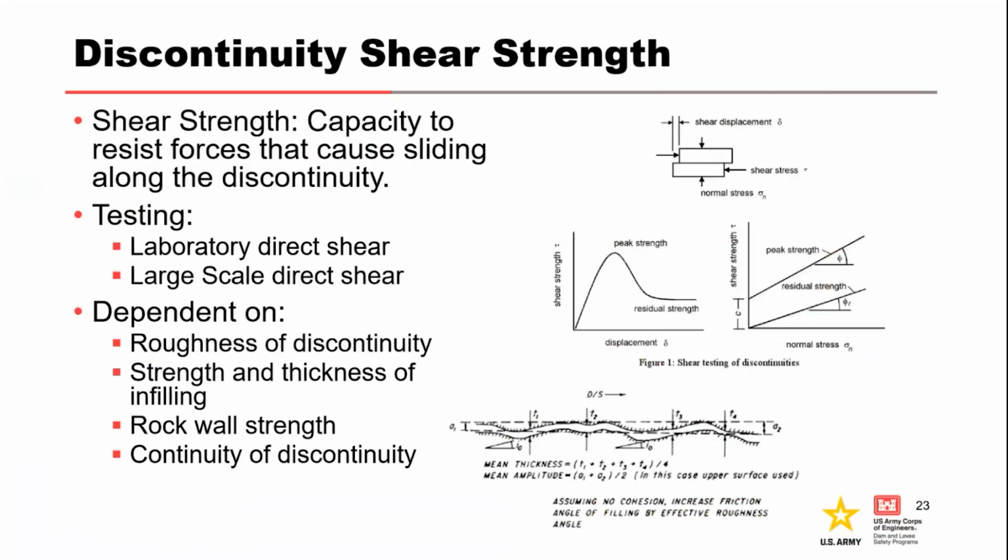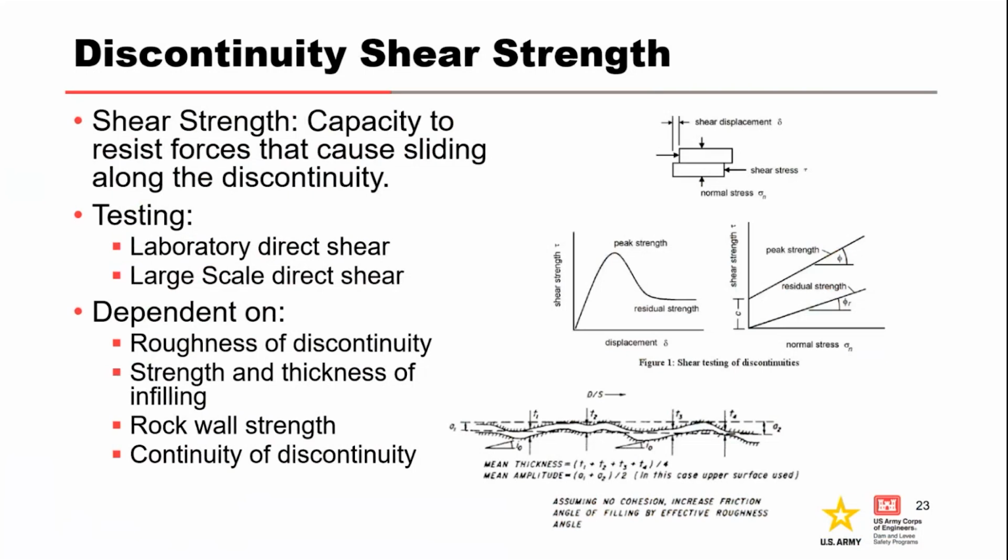So the shear strength on a sliding plane is a critical factor for calculating the stability of a block. The shear strength represents the capacity to resist forces that cause sliding along the discontinuity. So we want to think of this as like friction.